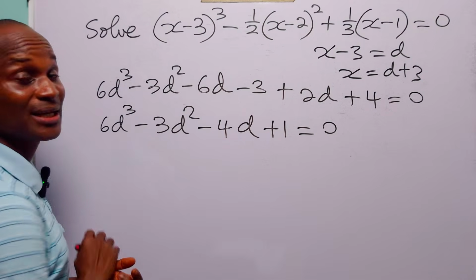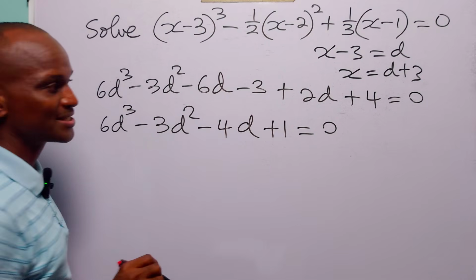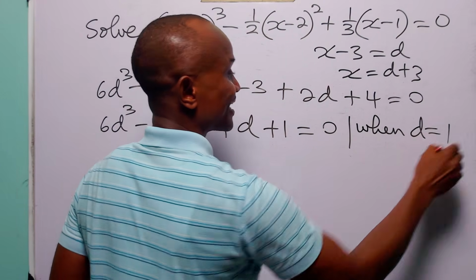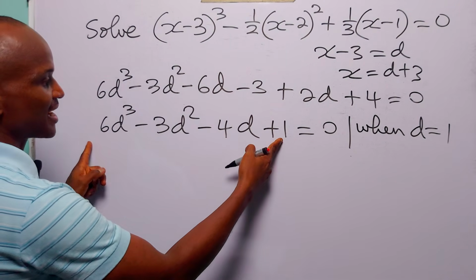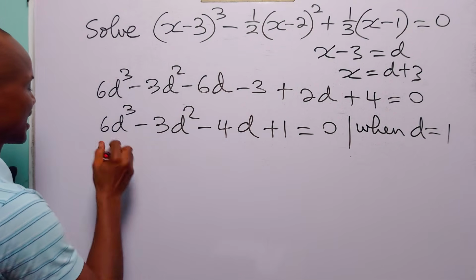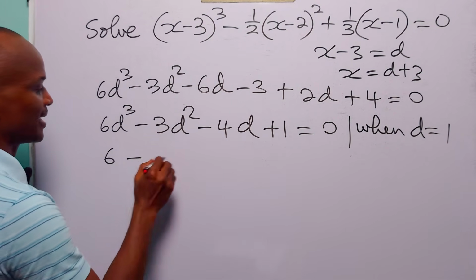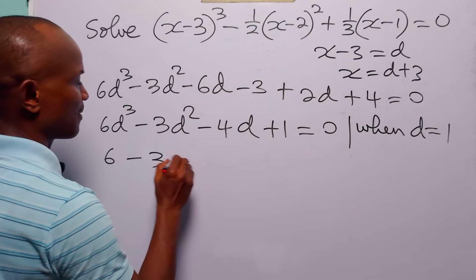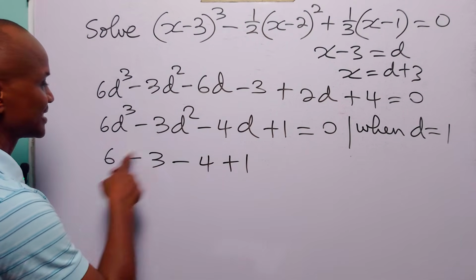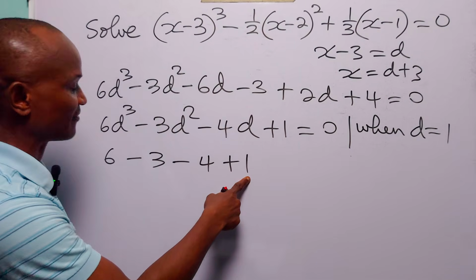Now look at this cubic equation. Observe that when d is equal to 1, the left-hand side of this cubic is equal to 0 because we have 6 minus 3 minus 4 plus 1. 6 plus 1 is equal to 7.